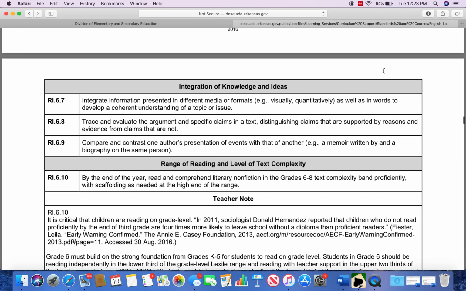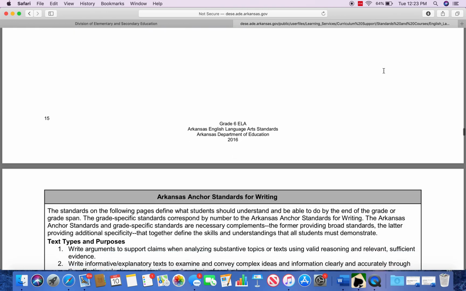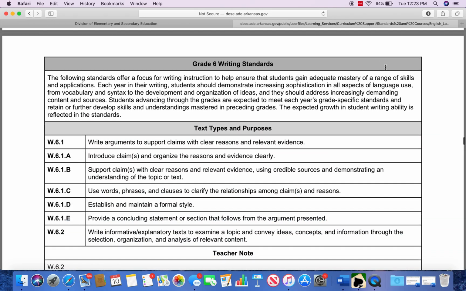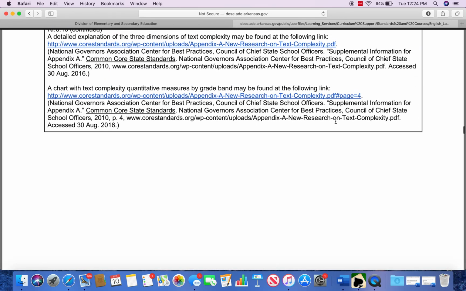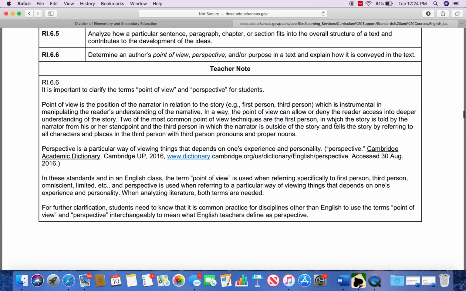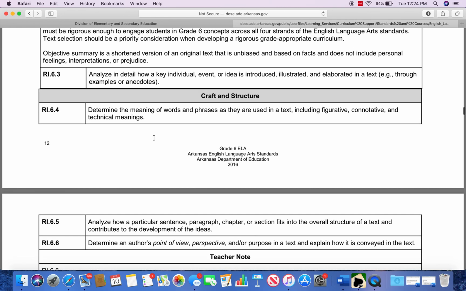And so then you would go down here to their writing, and you're going to have them write just a little bit of an argument, or you're going to have them write out some words and phrases and clauses that clarify a relationship among a claim and a reason why. And you would use the words or phrases that they've been digging into and determining what those mean.